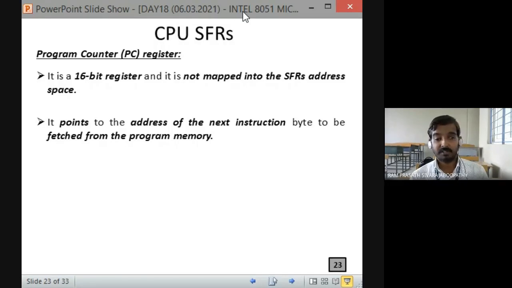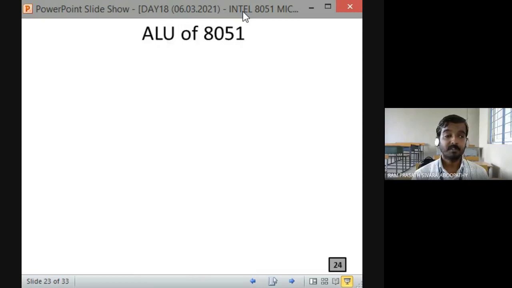Of the 21 SFRs, we saw which are associated with the CPU: accumulator register, B register, DPH and DPL registers, stack pointer register, then PSW register. The program counter register is not an SFR, but it has additional functionality. It has special capability, but it is not mapped under the SFR address space. Finally, with this we will stop.